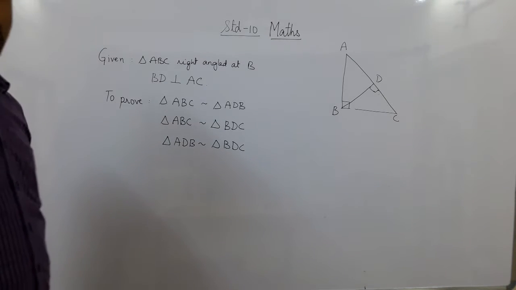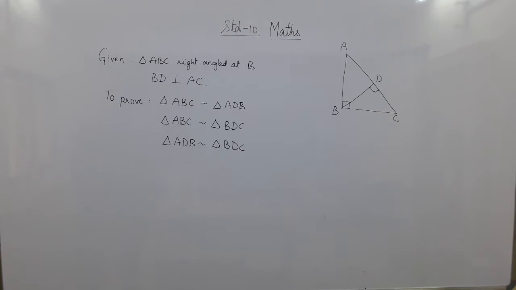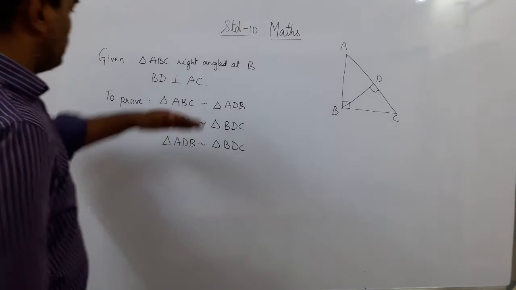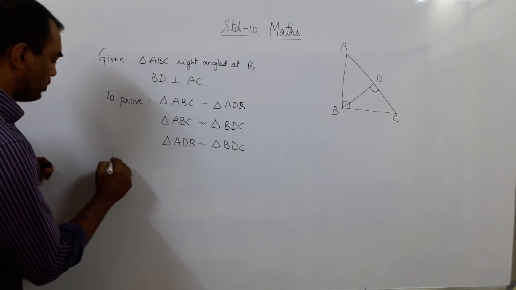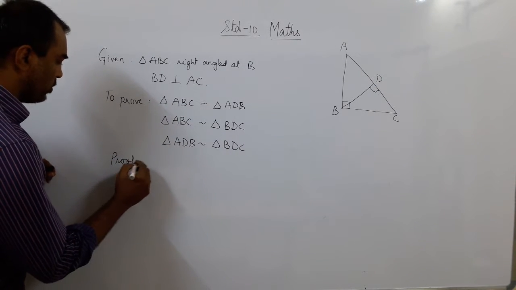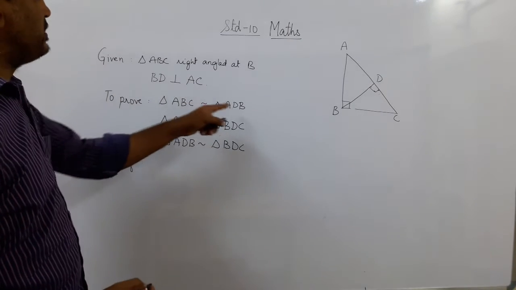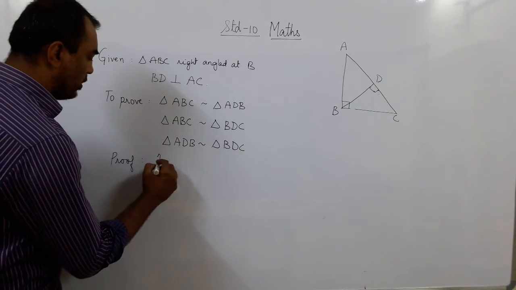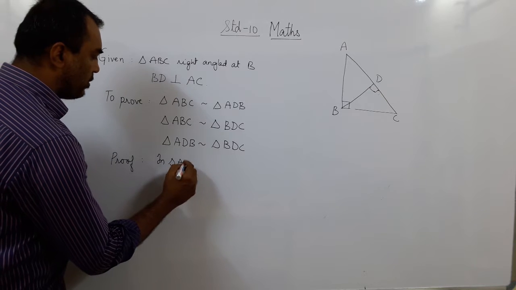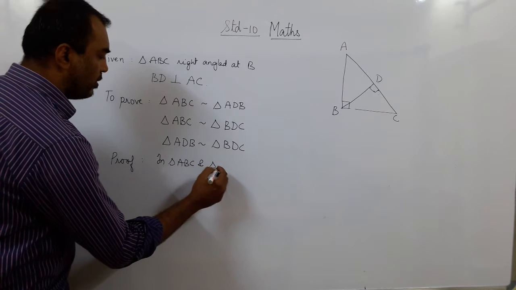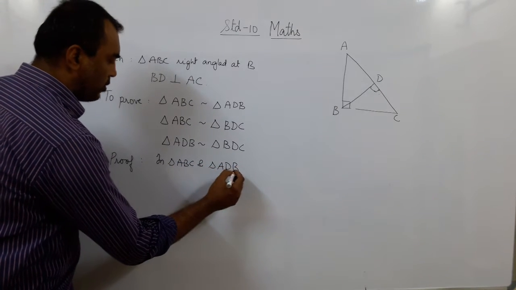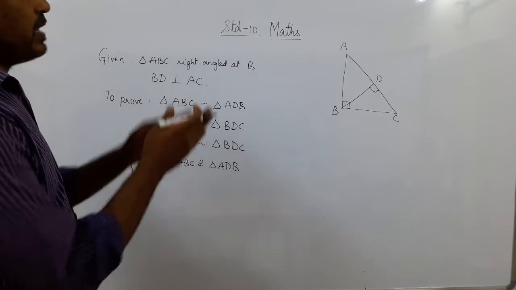So should I start with the proof? So I will go to the proof now. It's a very simple proof. Which triangles have I got to prove? ABC and ADB. So in triangle ABC and triangle ADB, to prove that, what I will do here is separate the two triangles.